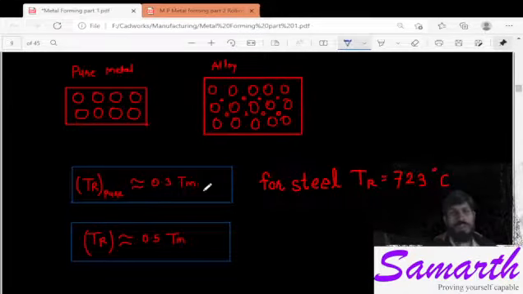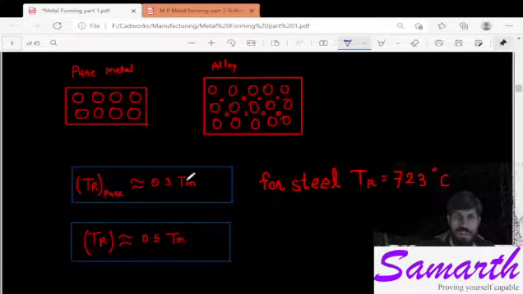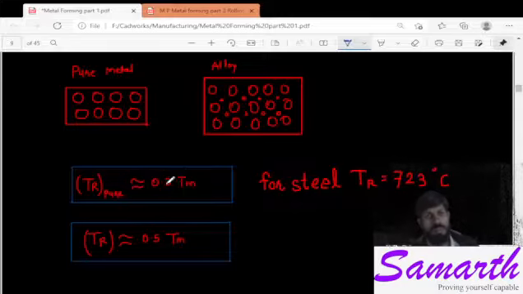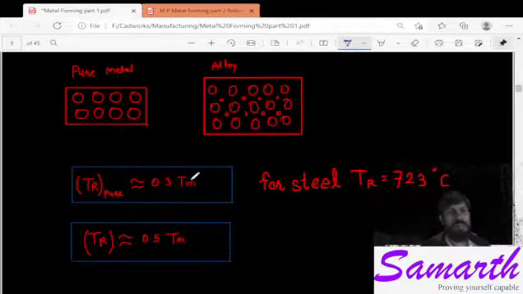Let us say for steel, we assume the melting temperature is 1500, then 0.3 times, that means 30% of this melting temperature, will be the recrystallization temperature. Not exactly, but near about that. It will be different for different materials.